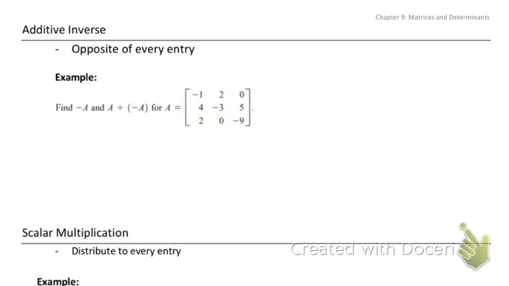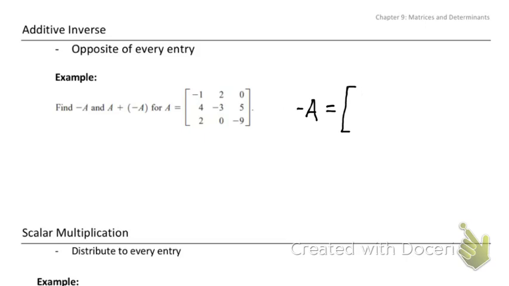Well, when we're adding and subtracting, we're adding element by element. So if I want to create an opposite or an additive inverse of a specific matrix, I'm just going to find that opposite or additive inverse of each element. So in this case, our additive inverse, which we put as a negative A, is going to equal the additive inverse of every single element.